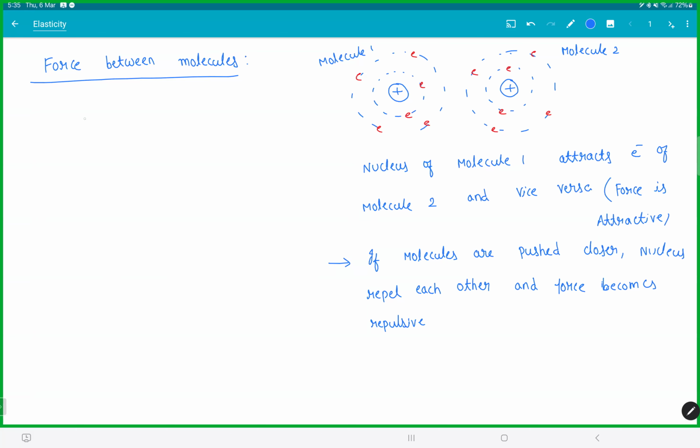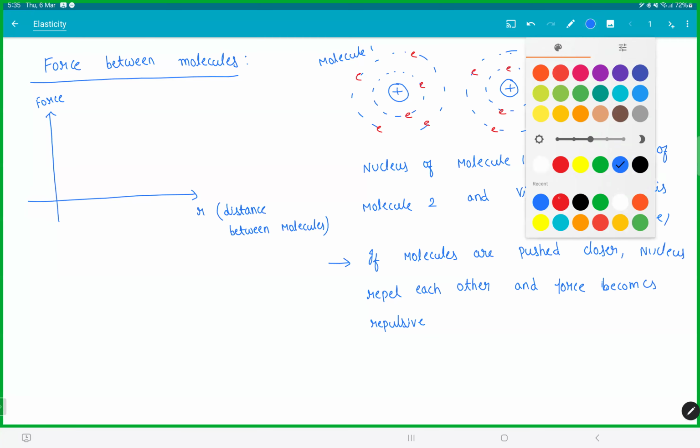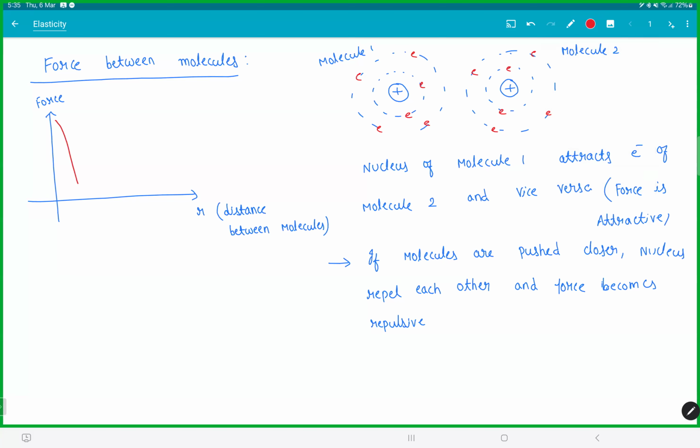Right? So if you try to plot a graph, a force versus R graph, where R is the distance between molecules, this is how the graph would look.